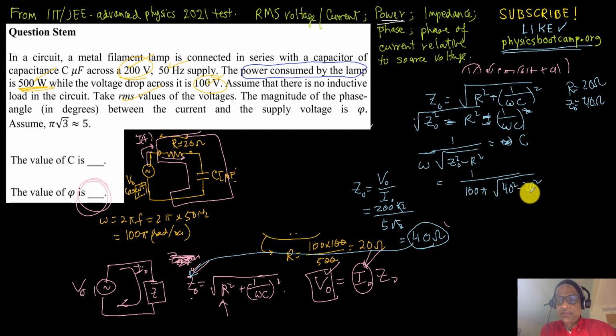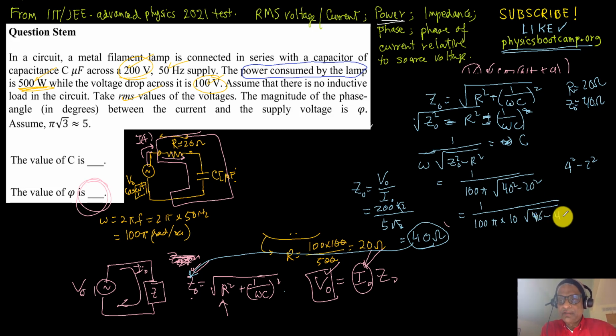So you can see here, this is like 4 square minus 2 square. So this is like 1 over 100 pi times 10 times square root of 16 minus 4.